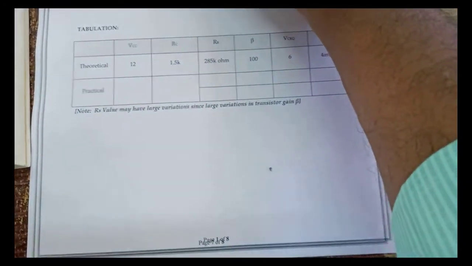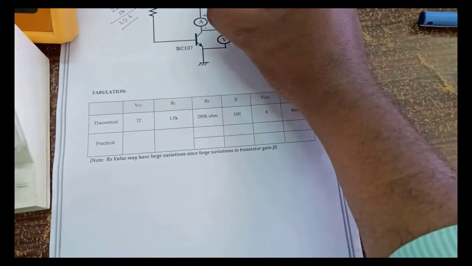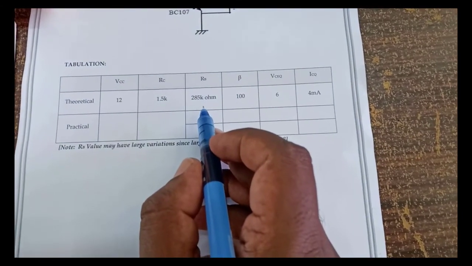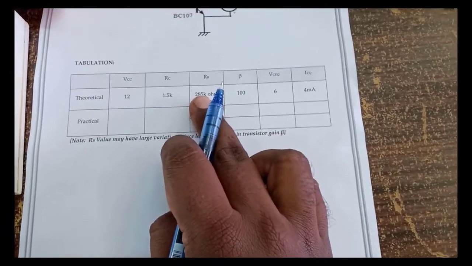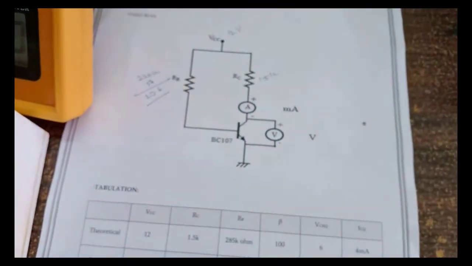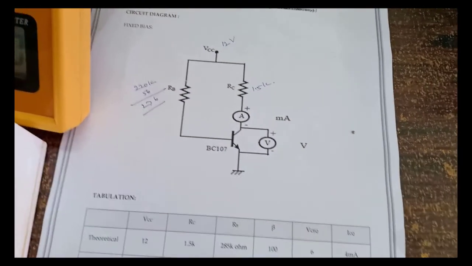VCC is 12 volt and RC is 1.5 kilo ohm, and our designed RB is 285 kilo ohm. We don't have any 285 kilo ohm fixed resistance. For that, we have one 220 kilo ohm and 56 kilo ohm in series connection, so that the resultant resistance is 276.